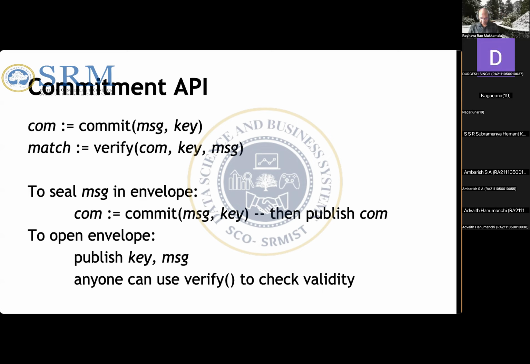So let's again imagine that we have a commitment. We choose a message, which is nothing but heads or tails, and we choose a key. The key is nothing but a random number chosen from a big pool of numbers. We combine them and create a commitment. Once I have a commitment, I send it to the lottery person, saying: see, I made a commitment.